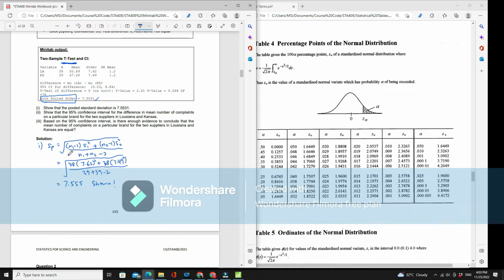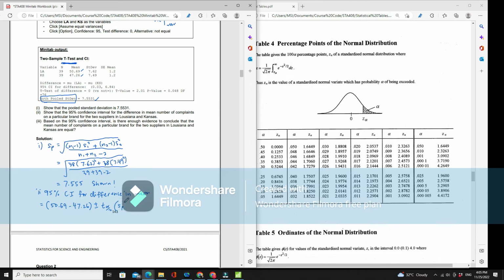Alright, next. Show that the 95% confidence interval for the difference in mean number of complaints on a particular brand for the two suppliers in Louisiana and Kansas. So the 95% confidence interval for the difference in mean equals x bar 1 minus x bar 2, so 50.69 minus 47.29, plus or minus t alpha over 2 times s pooled times the square root of 1 over n1 plus 1 over n2.